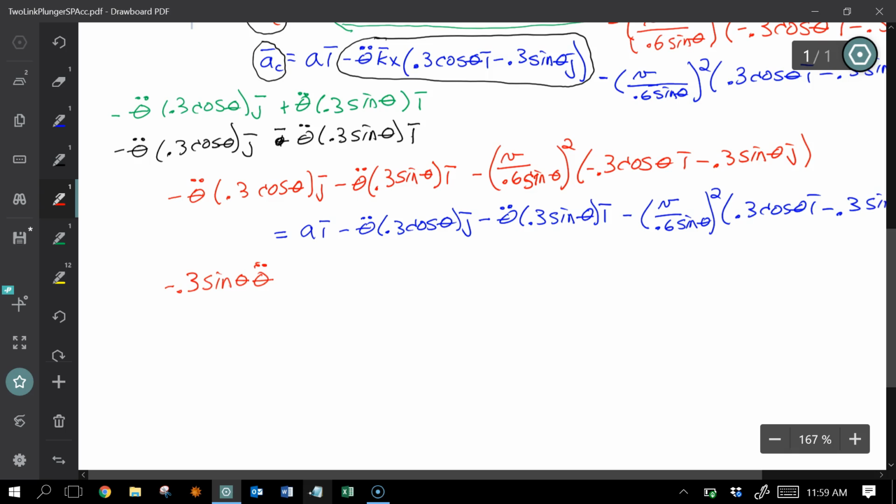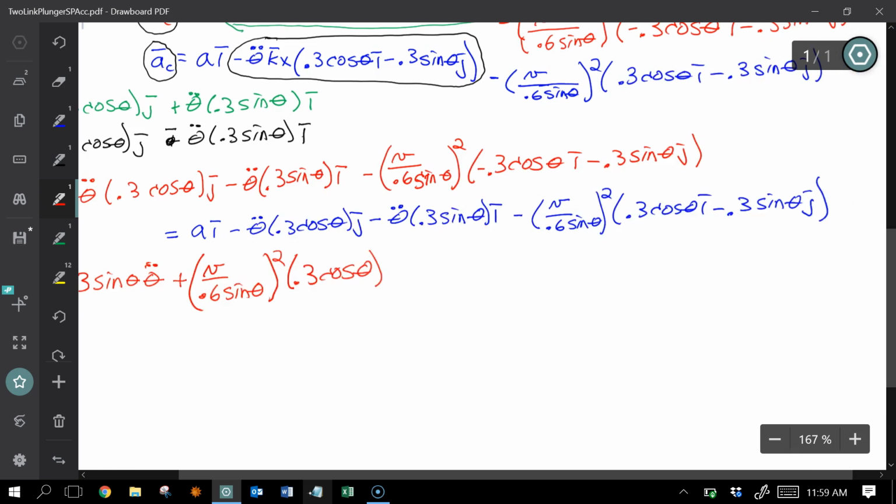You also have another positive v over 0.6 sine theta squared times 0.3 cosine theta.